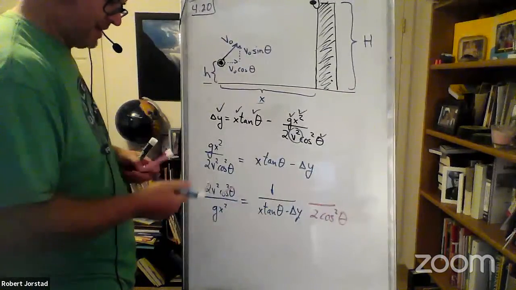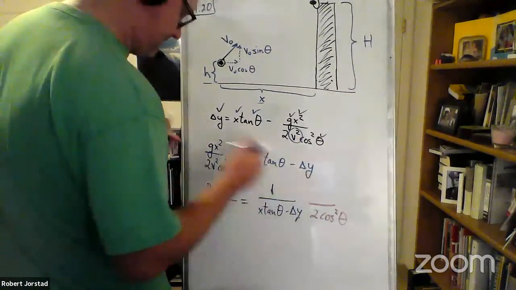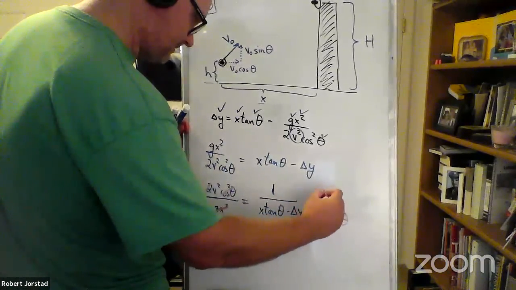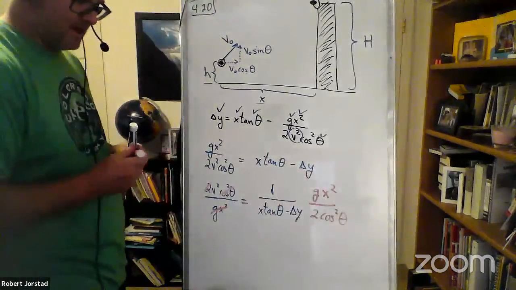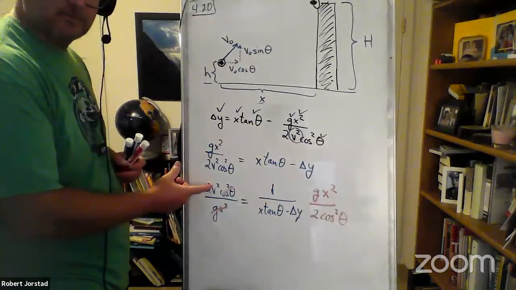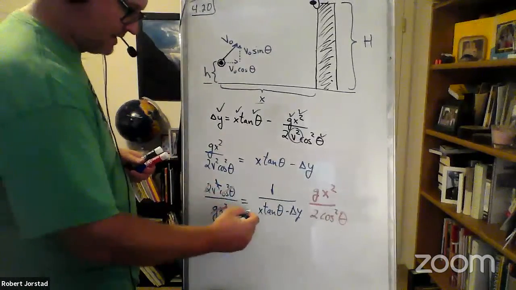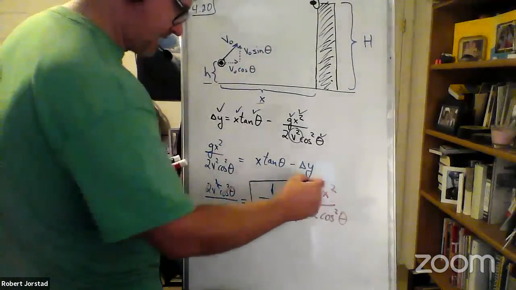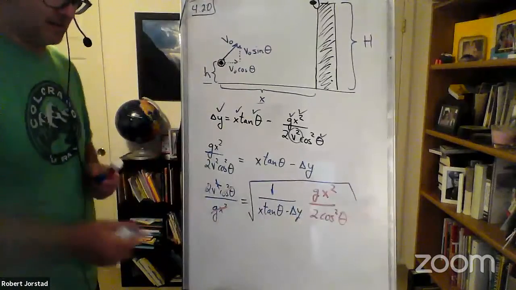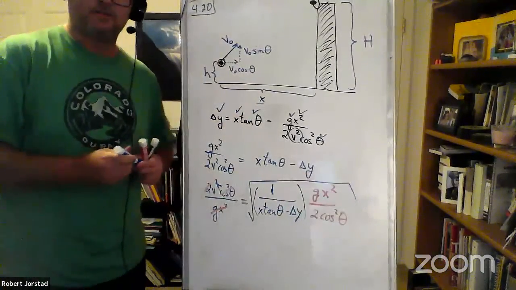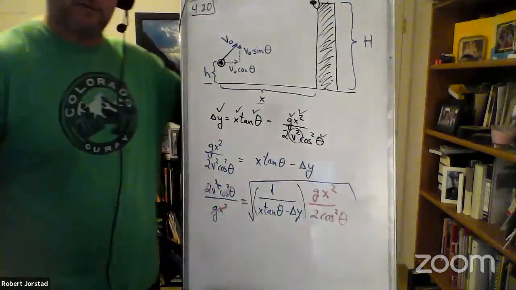And then up top, I'm going to get a g x squared. And then I have a squared here, right? Well, at that point, I'll just stick a square root on this. And you could write it prettier than that. Maybe I'd put some parentheses around here or reorganize it. But that's the basic idea of how you could solve for v.